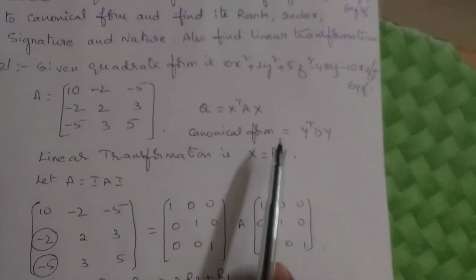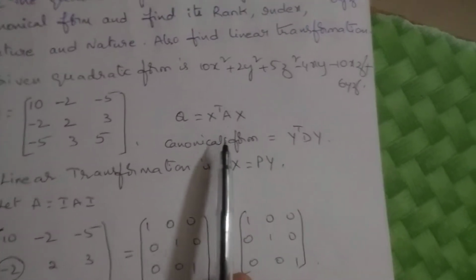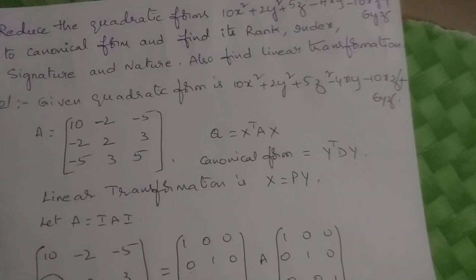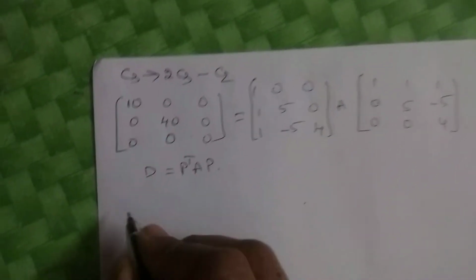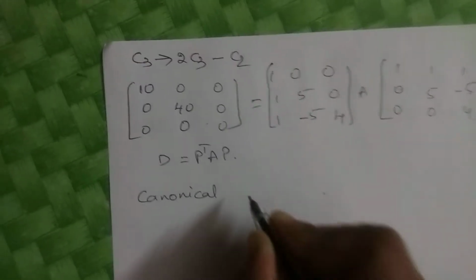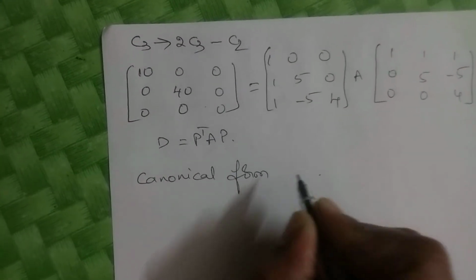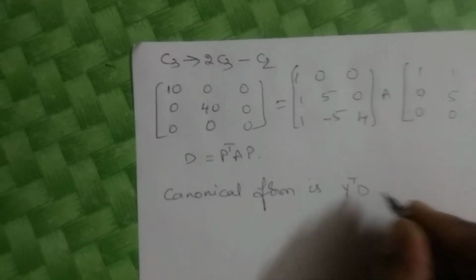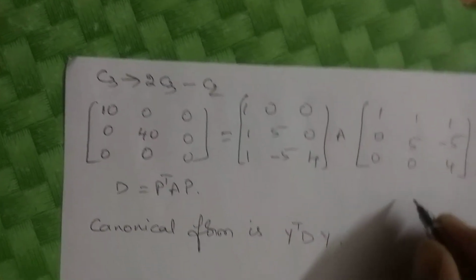And now coming to this. We have transformed the quadratic form to Y transpose into D into Y. Now what is the canonical form? The canonical form is Y transpose into D into Y. Okay, so what is Y and what is X?